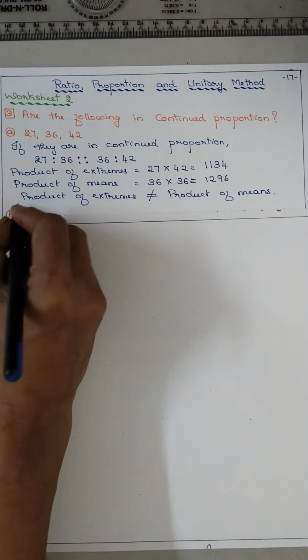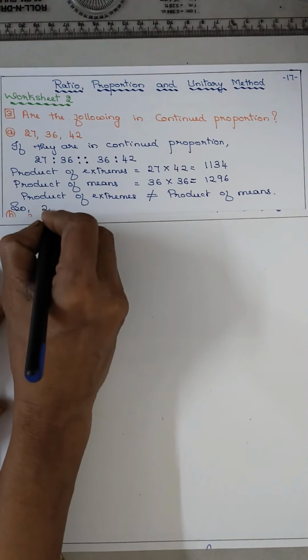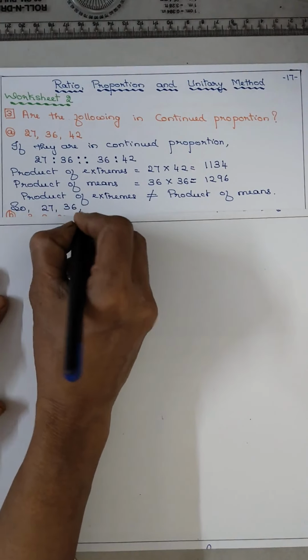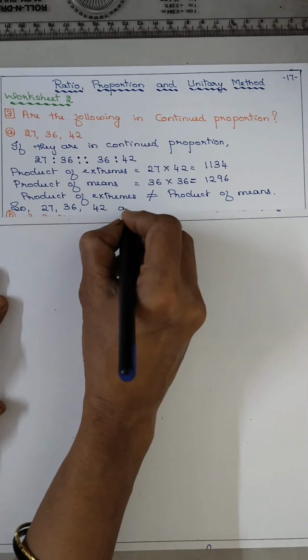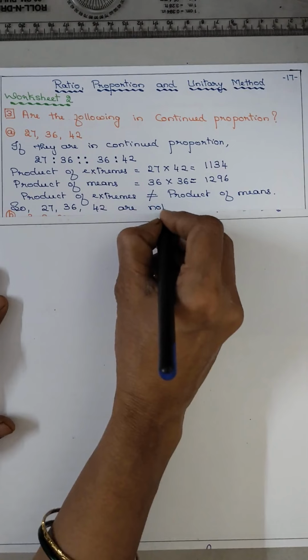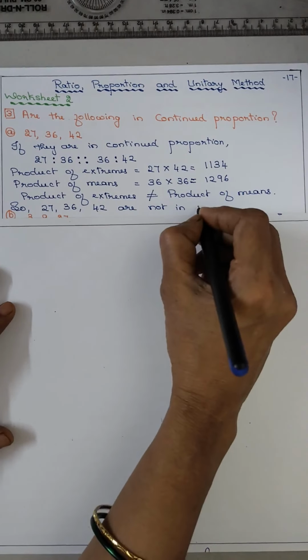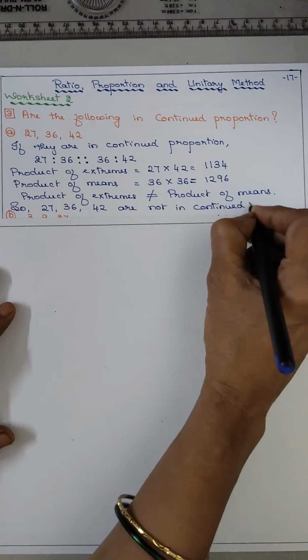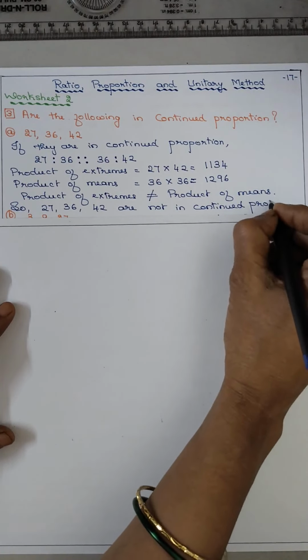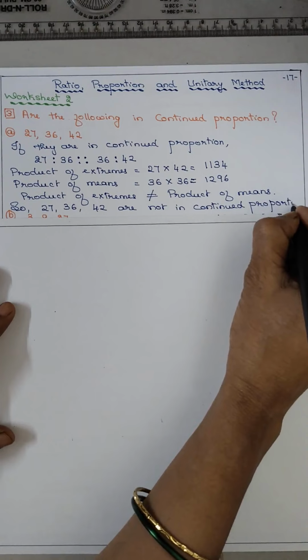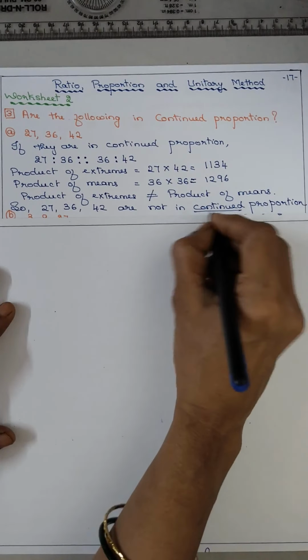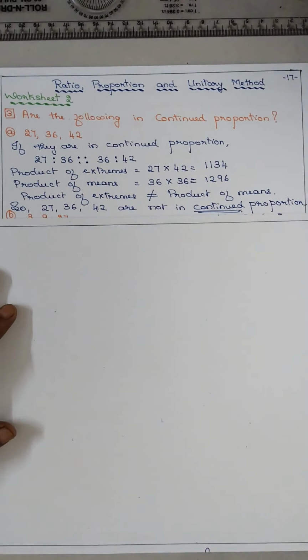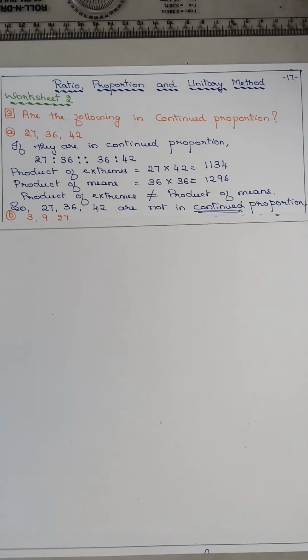So answer, 27, 36, 42 are not in continued proportion. Remember 3 numbers, then you have to write not in continued proportion. Don't write proportion. It is not in continued proportion.